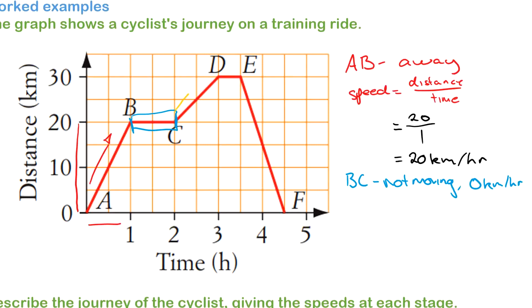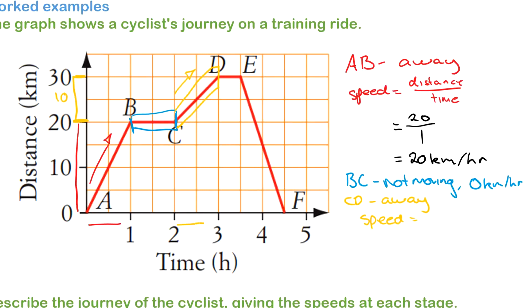The next one we'll look at is this section here. Again, we're going in an upwards direction. So C to D, we're moving away. We've started our journey again. And my speed is going to be speed equals distance over time. From here, if you have a look, we're going from 20 up to 30. So we haven't actually traveled 30, we've only traveled 10 kilometers.